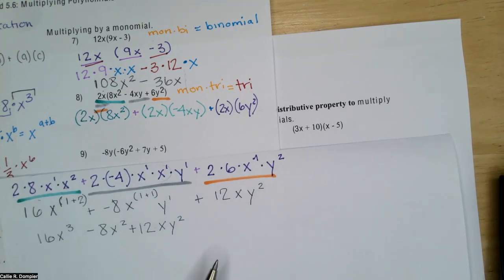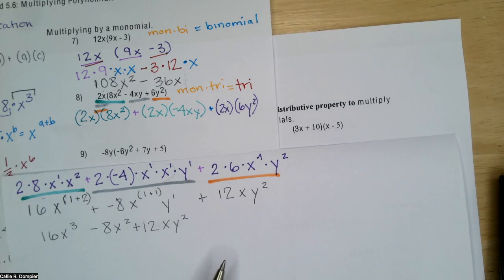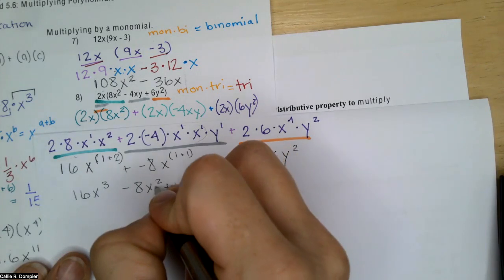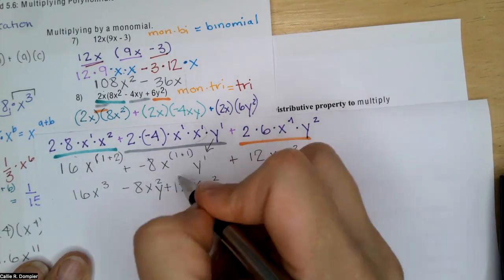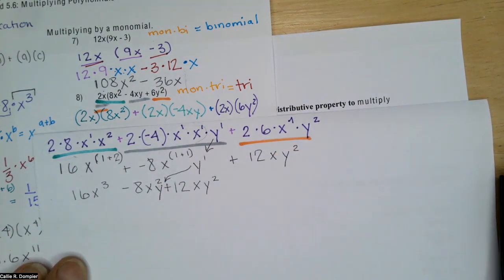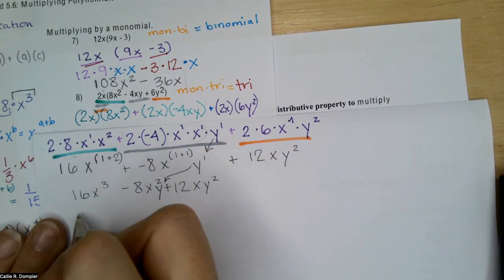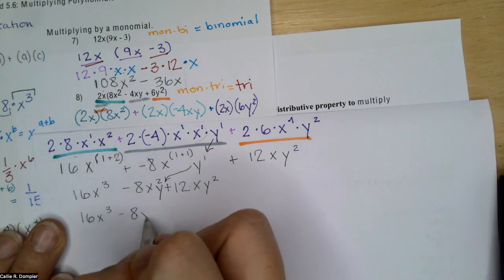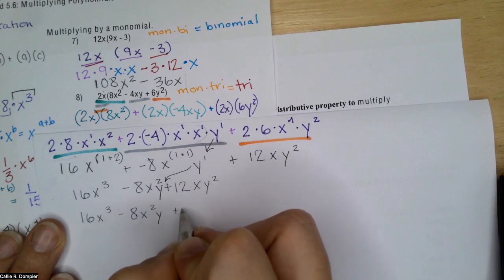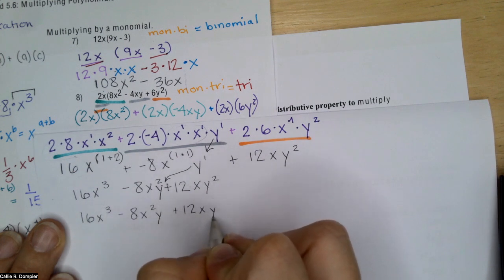Did I do something wrong? Yeah, I forgot him. Good. Now, we have 16x cubed minus 8x squared y plus 12xy squared.